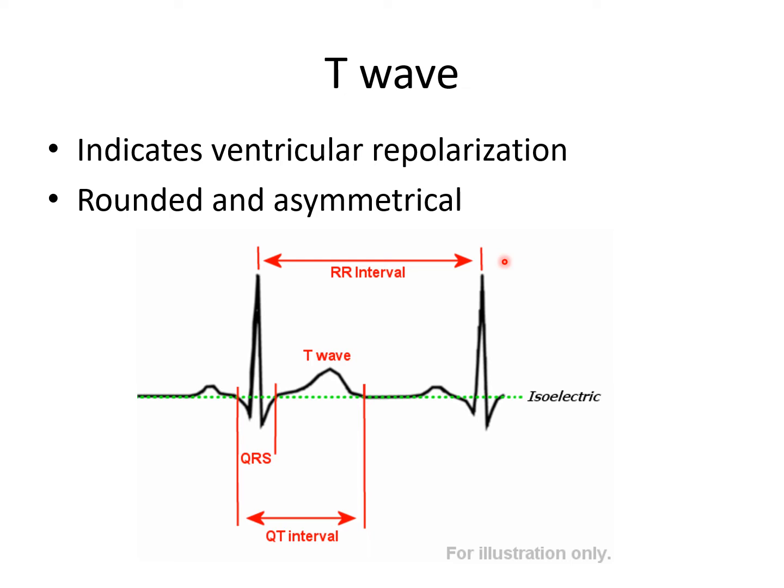And I want to introduce those terms here because when the R to R interval between QRS complexes is the same along the strip, then that means that it is a regular rhythm. However, if the R to R interval measures differently between the R's of a particular strip, then that indicates that it is an irregular rhythm.